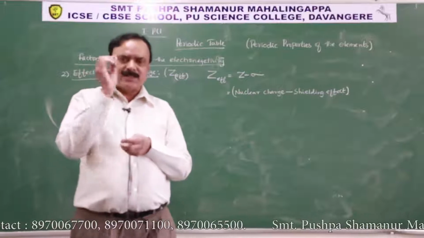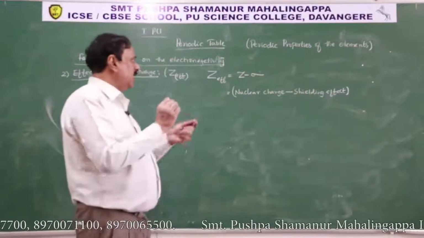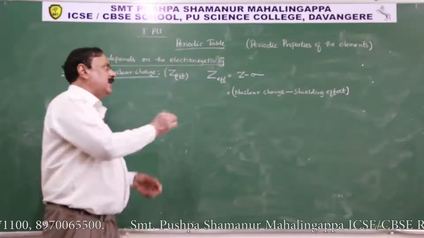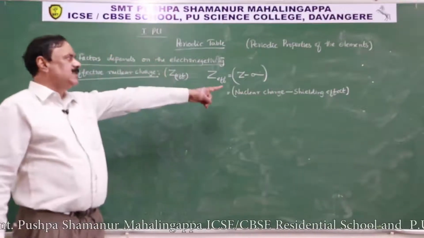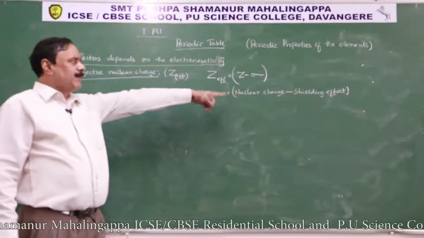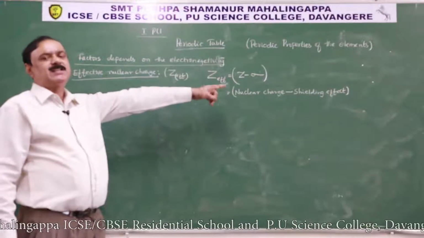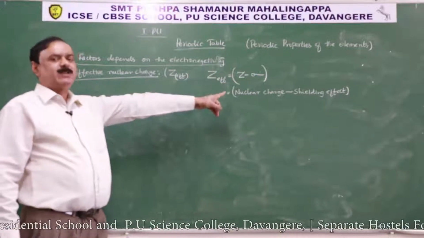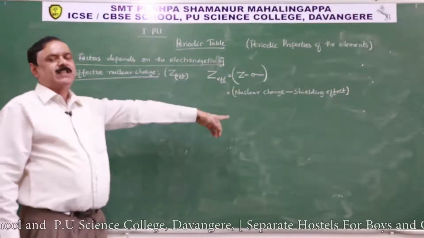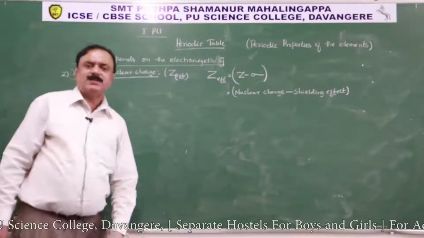Therefore, when you calculate Z effective, the effective nuclear charge can be determined using the shielding effect values. I will give the shielding effect values for single electrons, for the ns and np atomic orbital electrons; the values are different.